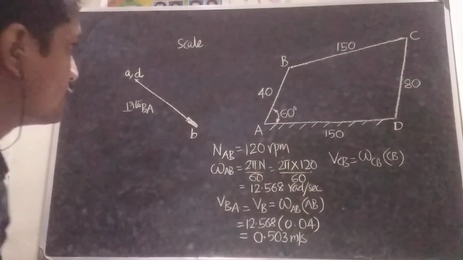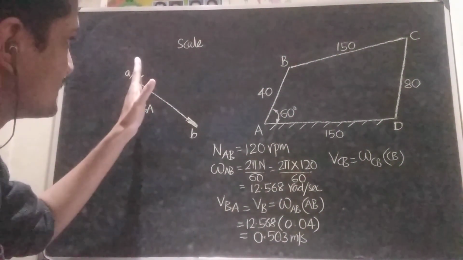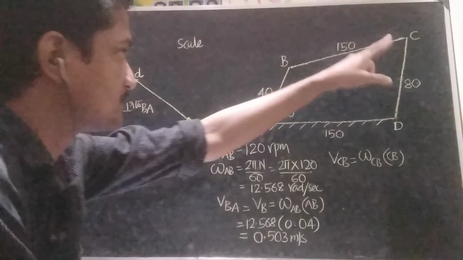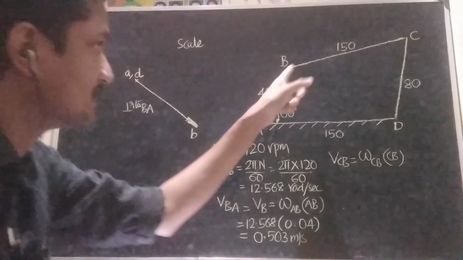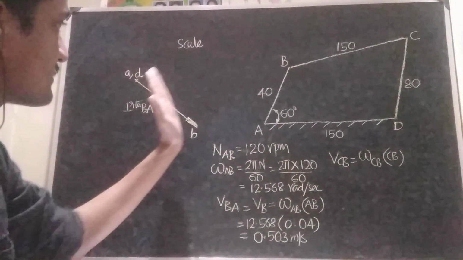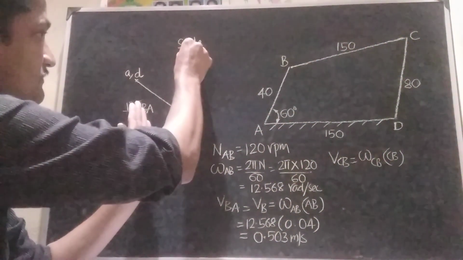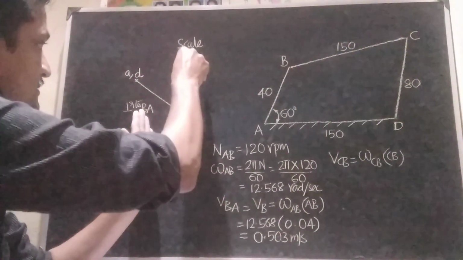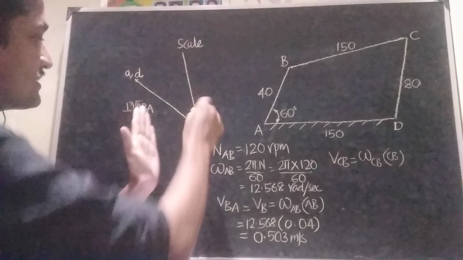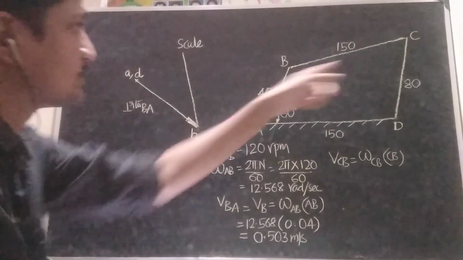So the line of action of this velocity of C with respect to B is always perpendicular to this particular link, perpendicular to BC.